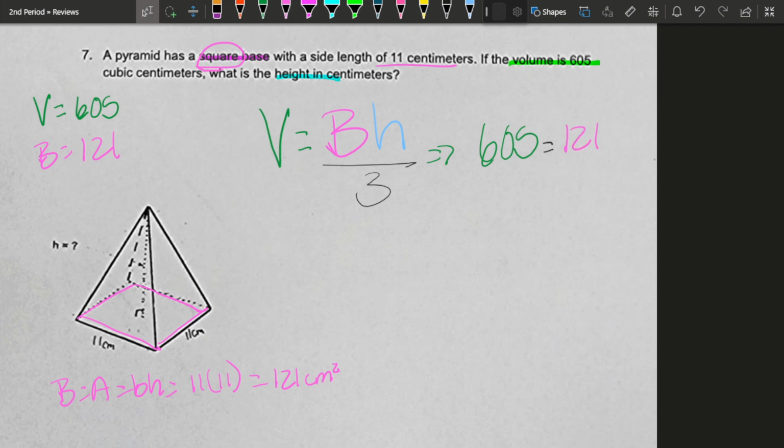We just found the area of the base. If the area of the base is given to you, you don't need to find it. This case is not given to me. And then we don't know H. And then we just bring the divided by 3 along.